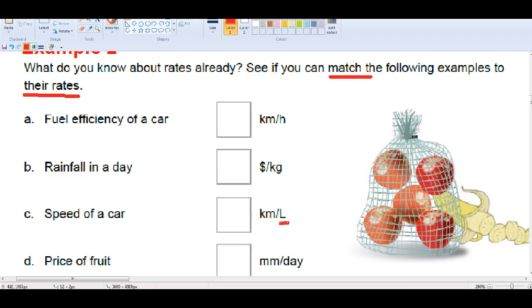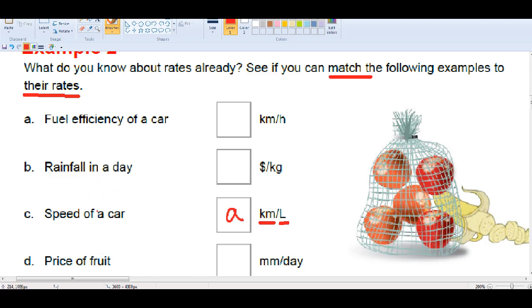Liter is a unit for volume, and km means distance. If you use this one, that means each liter can travel how many kilometers. So this is a proper rate to describe fuel efficiency, isn't it? So it should be kilometer per liter.